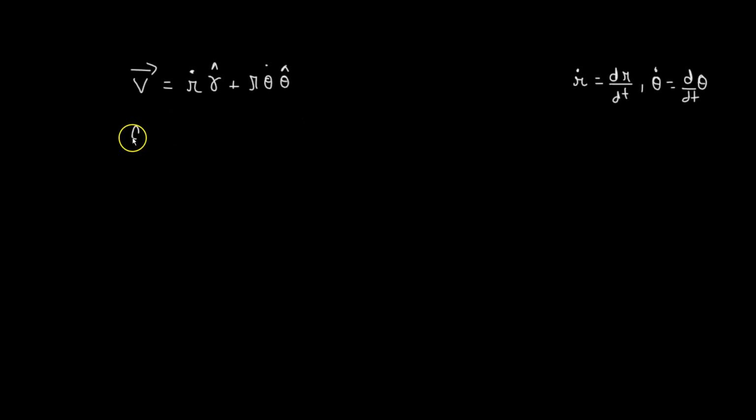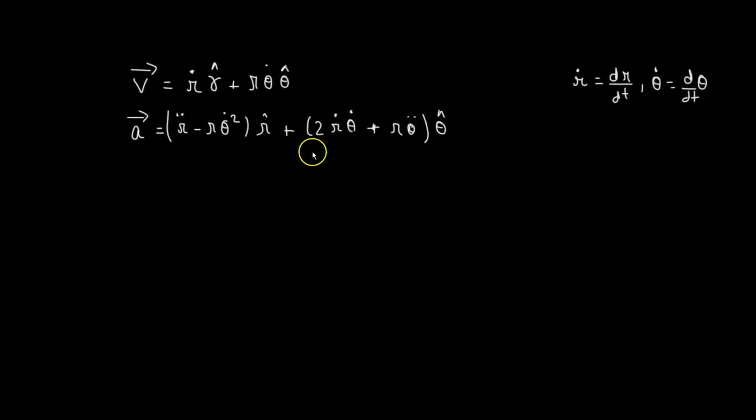Then we also obtained the expression for the acceleration. Acceleration gave us r double dot minus r theta dot squared, so this was the radial part, that's r cap, plus 2 r dot theta dot plus r theta double dot, and this is the angular part.